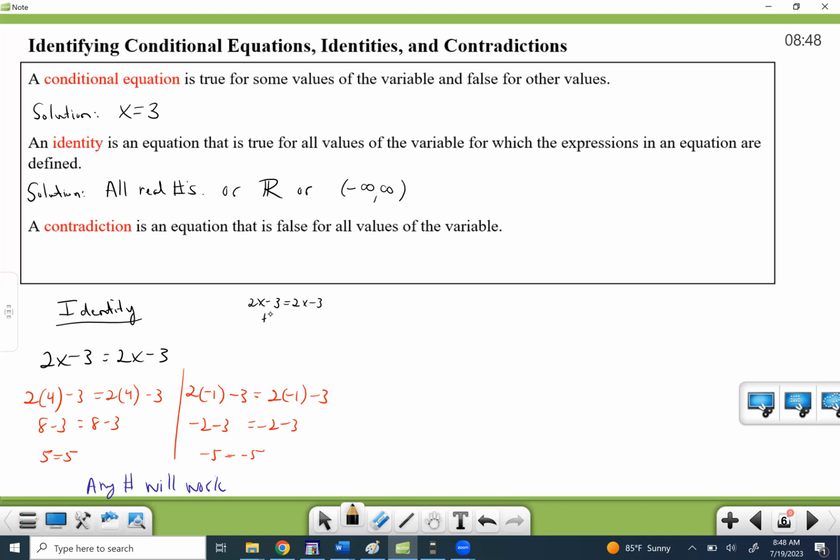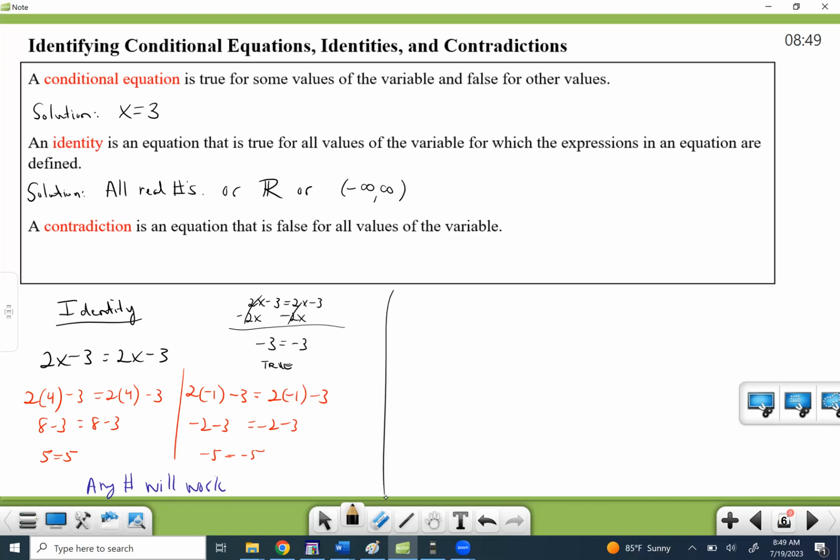If you went to continue to solve this, variables first. We said if variables are on both sides, then variables first. If I take away 2x from both sides, I end up getting -3 equals -3. That is a true statement. -3 does equal -3. That's how you can tell that you're going to get all real numbers.